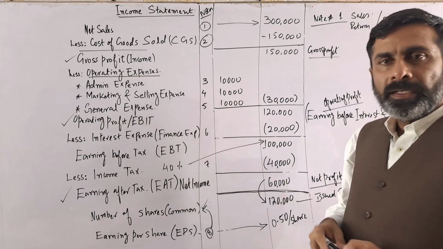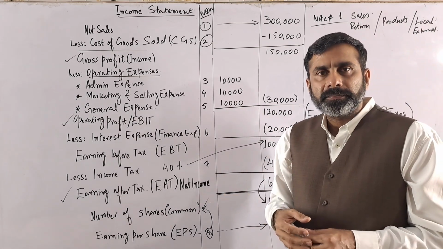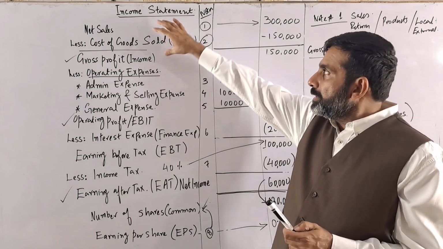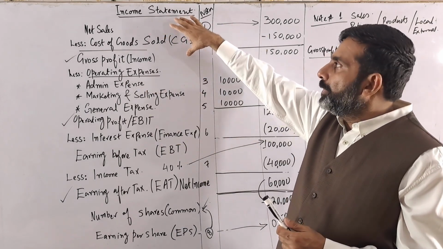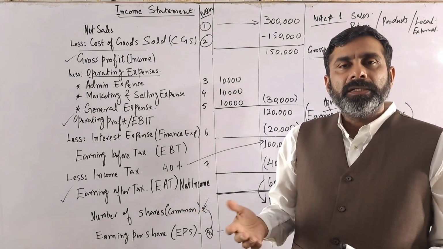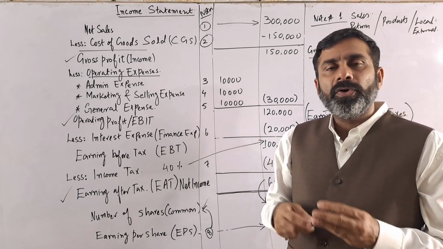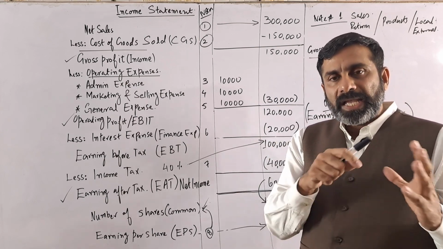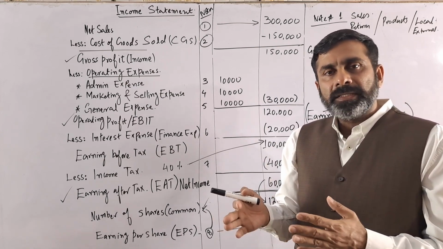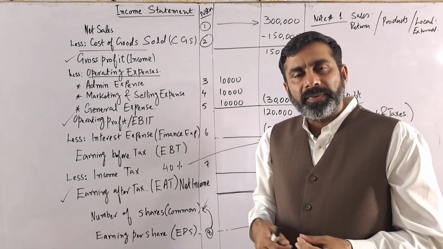Obviously there is some other information. In some companies we have other income. We have the main income, or the main return from sales, but there is a possibility that the company has other sources. Other sources means they may have rental income, interest income, or any other income, or even an investment in subsidiaries, so they have income from that also.